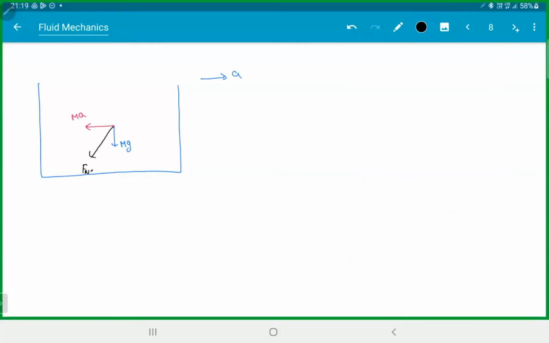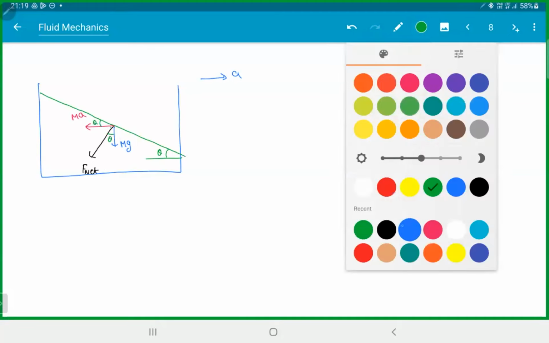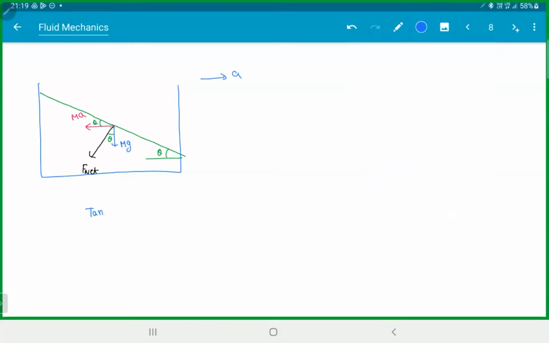I hope everyone is getting the logic of F net. So your liquid surface should be perpendicular to this black line. If this angle is theta, then tan theta will be ma by mg, that is a by g. Standard result, remember it. Whenever the container accelerates with a, the surface makes an angle with tan theta equal to a by g.